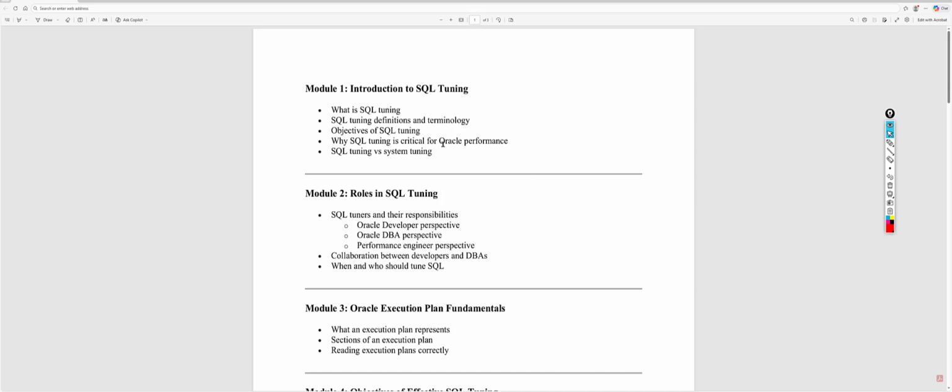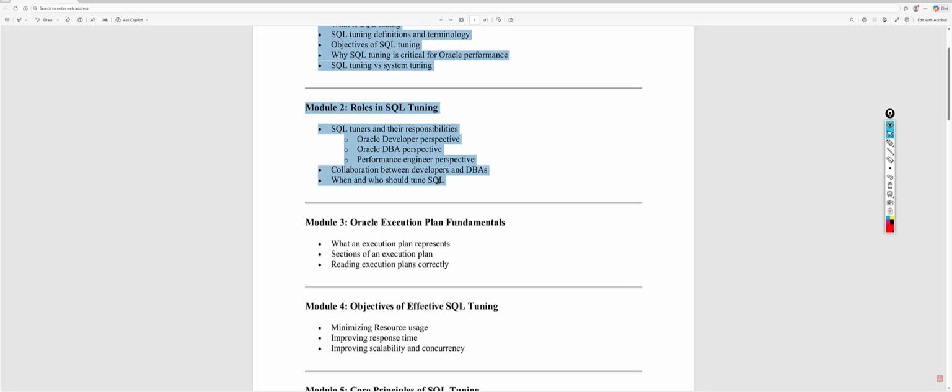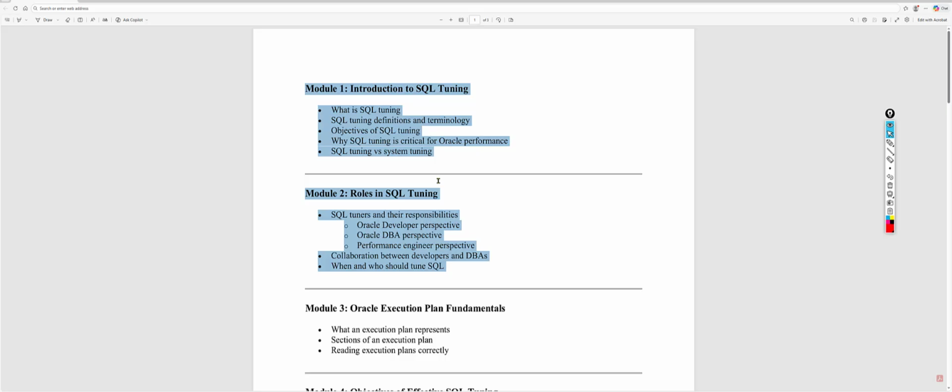That's where performance tuning is a very added advantage skill for any DBA, and specializing in performance tuning is very important for all DBAs.